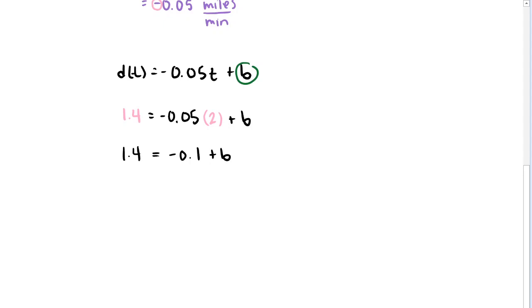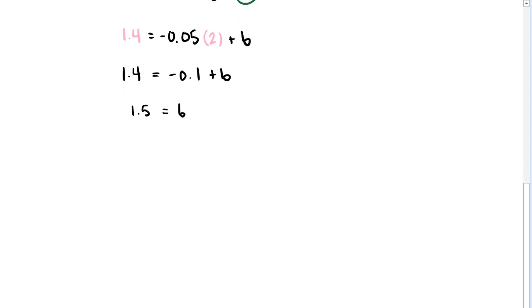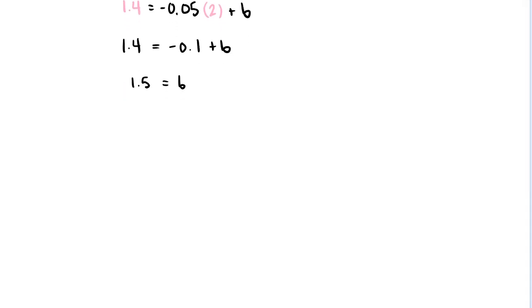And when I add 0.1 to both sides to get b alone, what I get is b is equal to 1.5. So her friend's home was 1.5 miles away from her home. And this tells us that the function we're really looking for is d of t is equal to negative 0.05 t plus 1.5.